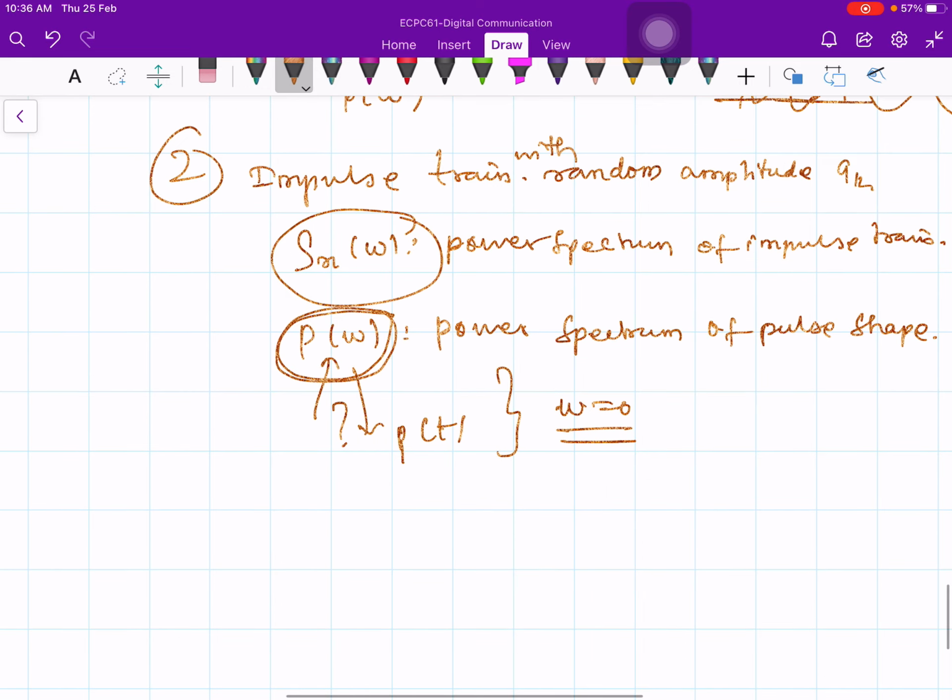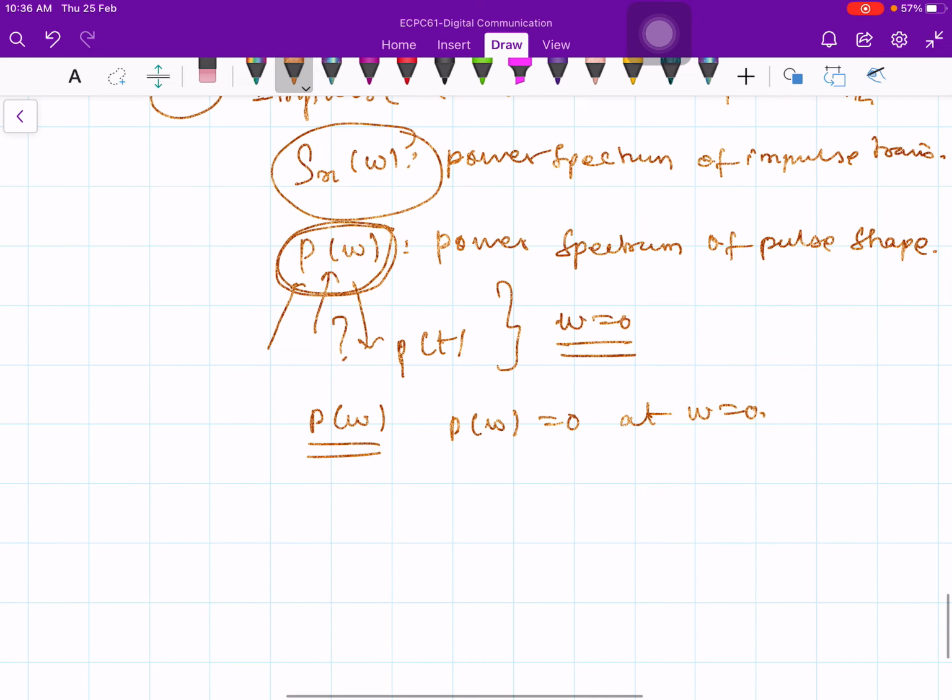We need to do some controlling of P of omega such that P of omega is equal to 0 at omega is equal to 0. And it is very easy to see that we can do it, because P of omega is the Fourier transform of the time domain pulse P of t.